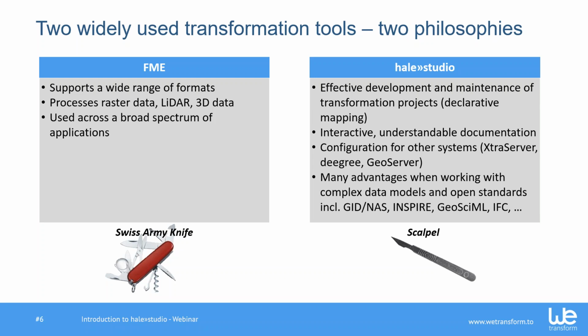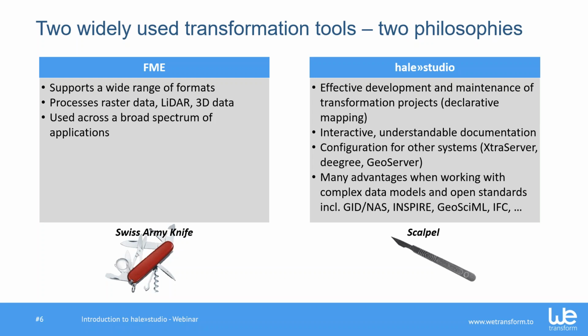Now there's a big question always to FME. Most of you know FME. It's a product of Safe Software, and we consider FME, in addition to Hale Studio, being the other solution for data transformation. That's why I think it's worth to take a quick look at the comparison between these two. But of course, that's upon your own perception, what you would think of it.